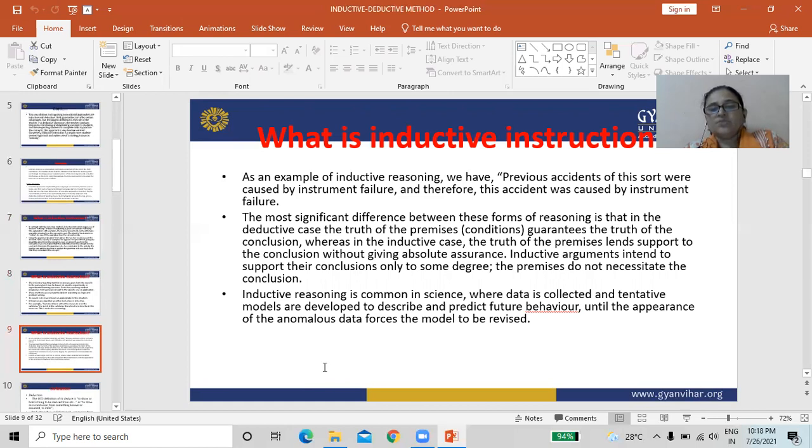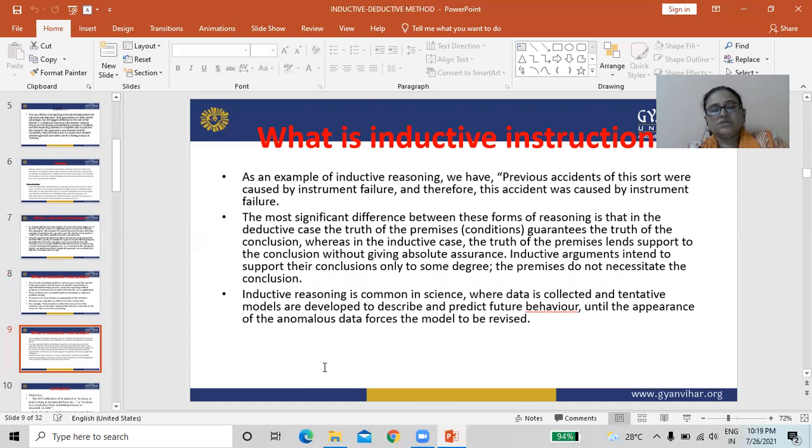Inductive arguments intend to support their conclusion only to some degree. The premises do not necessitate the conclusion.